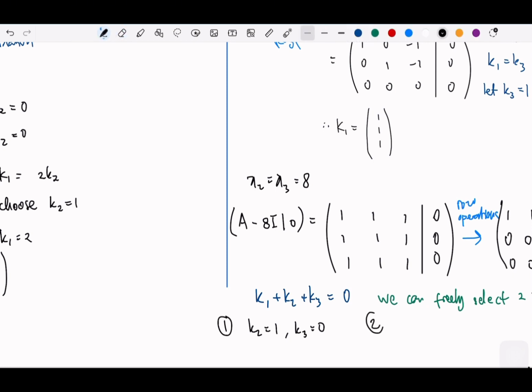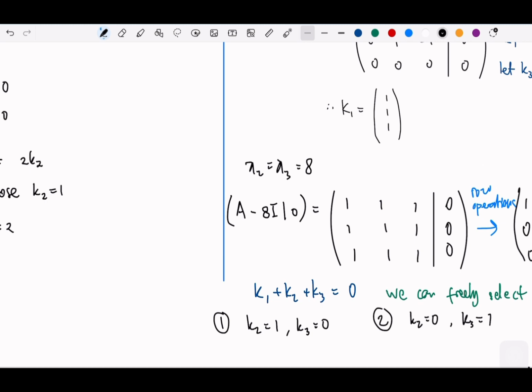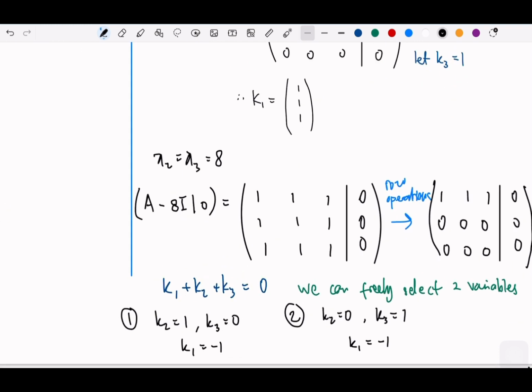The second case we choose k2 is 0, k3 is 1, which in turn we get the k1 for the first case is -1, we get the k1 for the second case still -1, but the k2 and k3 are in different conditions.